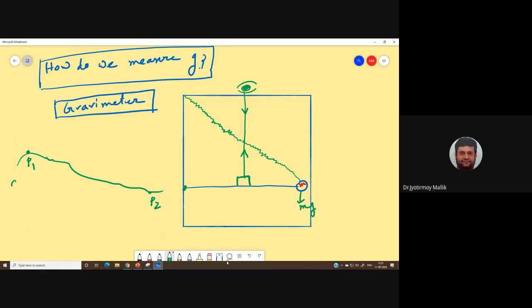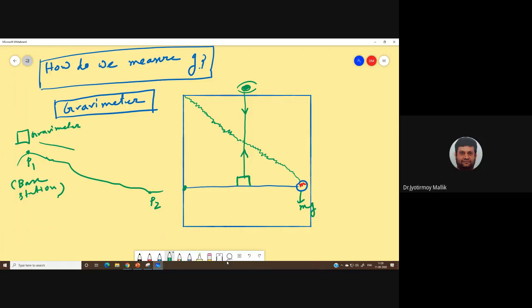Let us say P1 is my base station, and I have calibrated it here. Now I bring the instrument to P2. Here was my gravimeter, calibrated, with this rod kept horizontal, and the incident and reflected light vertical.